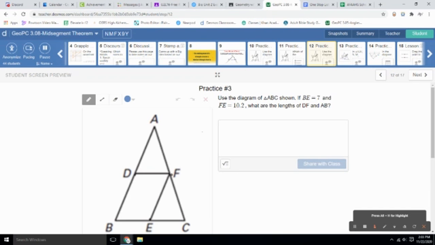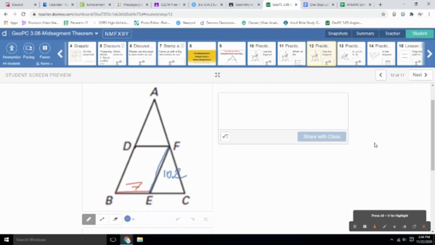It says FE right here is 10.2, and BE, let's use a different color, BE is 7. What are the lengths of DF and AB?